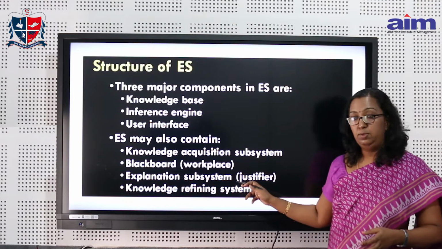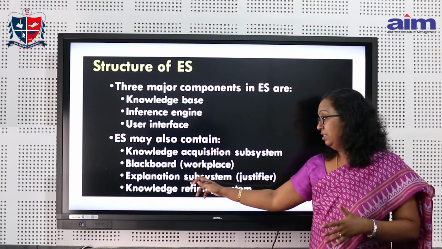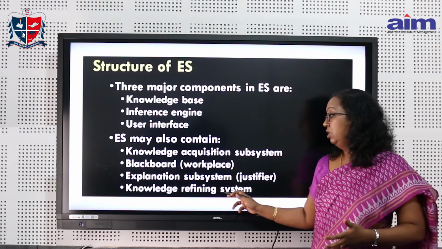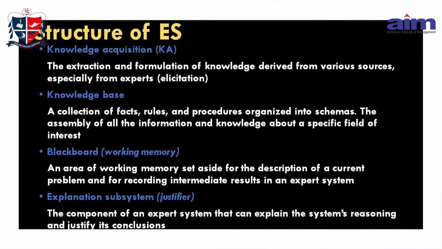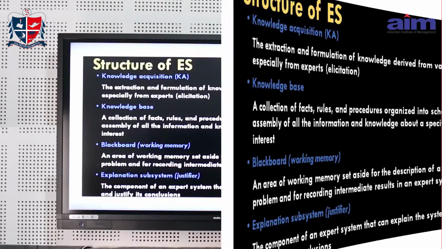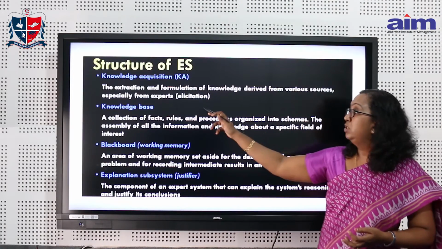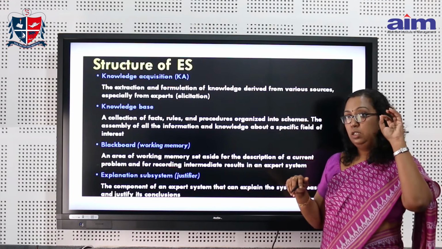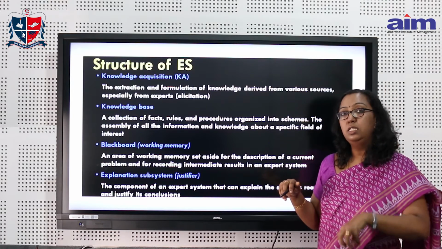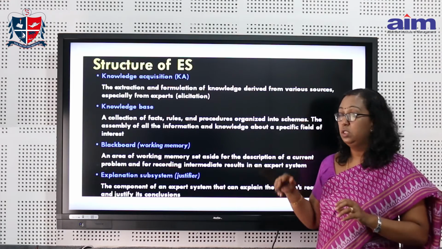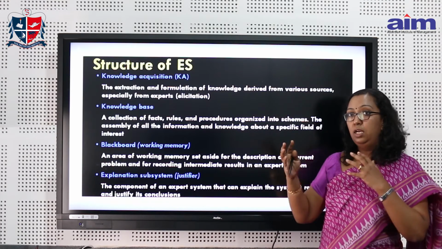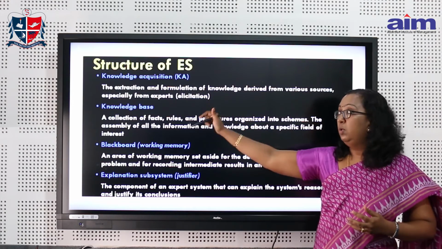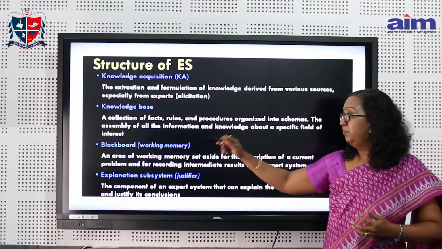Then explanation subsystems, that is called the justifier, and knowledge refining systems. Now, what is this knowledge acquisition? This is the extraction and formulation of knowledge derived from various sources, especially from the expert. So the knowledge engineer will elicit knowledge from different sources as well as from the expert, and he will compile it and it will be stored in the knowledge base.